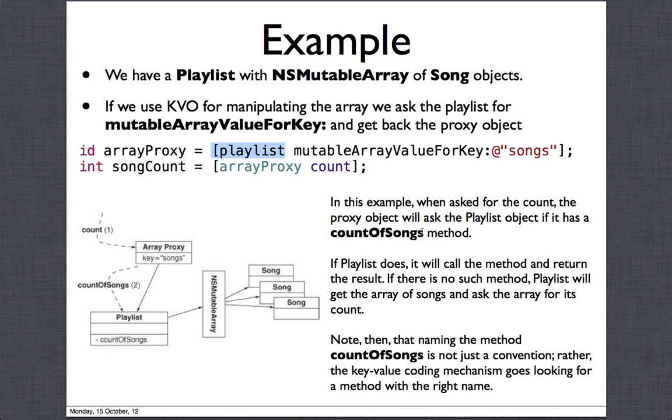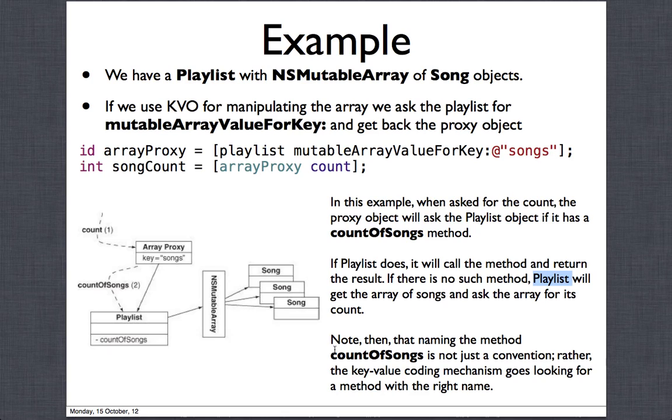And this is not just in this example, this is the name that will be used if I ask for count and the array is songs. This name will be generated, countOfSongs. So if the playlist does have this method, then this method obviously will be called and we will get back the result, something that this method returns. If there is no such method, the playlist will get the array of songs, the actual array, and ask the array for its count.